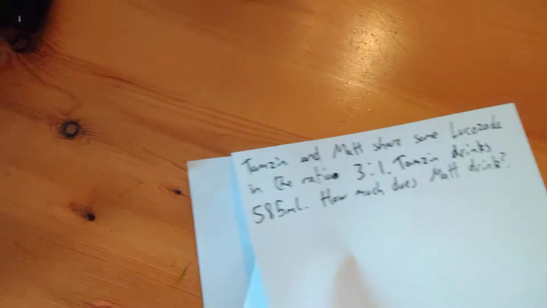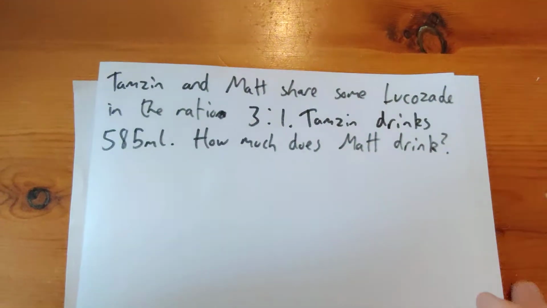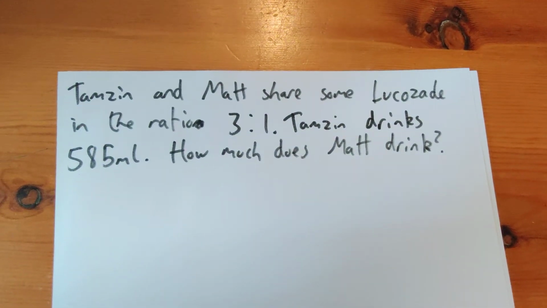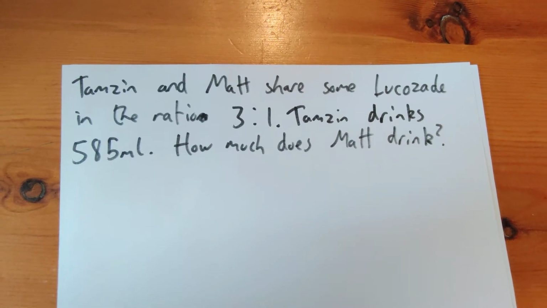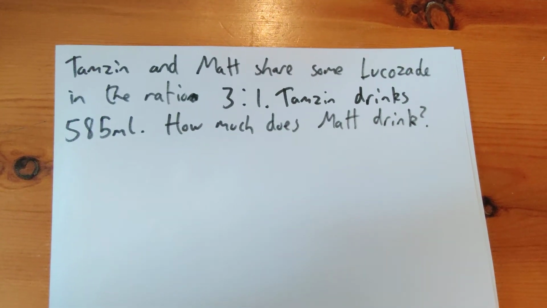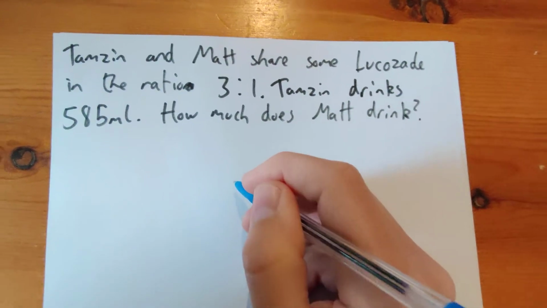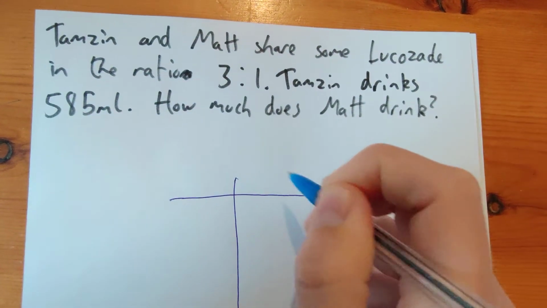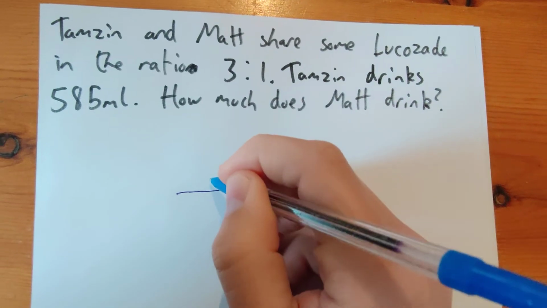Last one we'll look at, slightly more complex. Tamsin and Matt share some Lucozade in the ratio 3:1. Tamsin drinks 585 mils. How much does Matt drink? I'm still going to draw that table, even though it's a bit of a different problem. Having that visual representation is going to make my life easier.